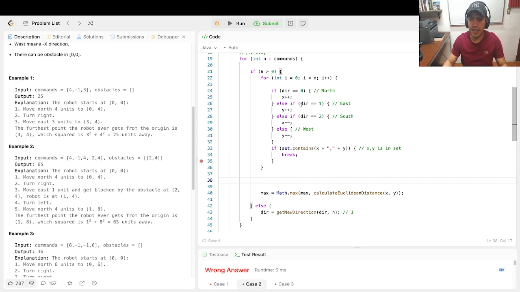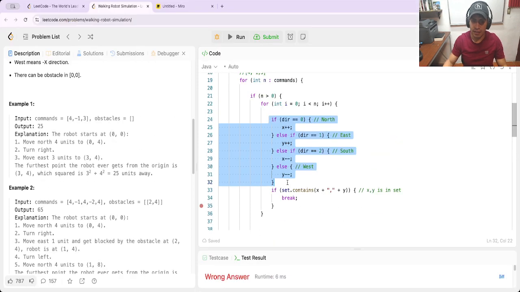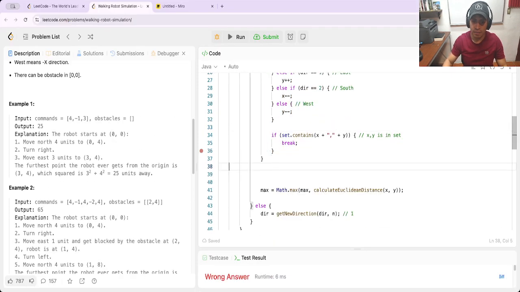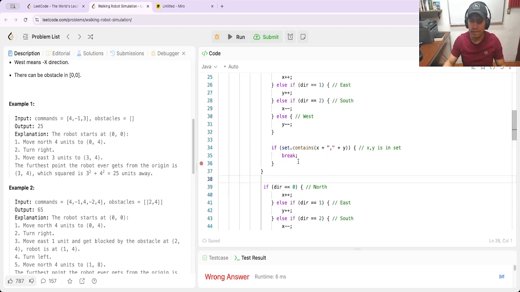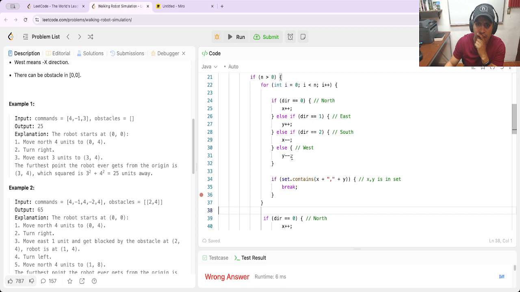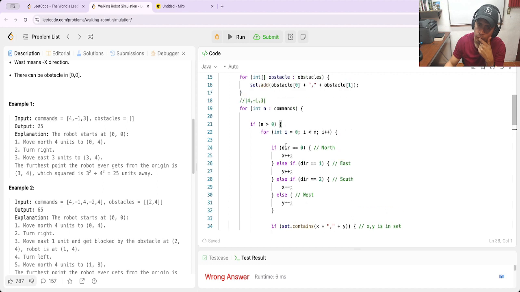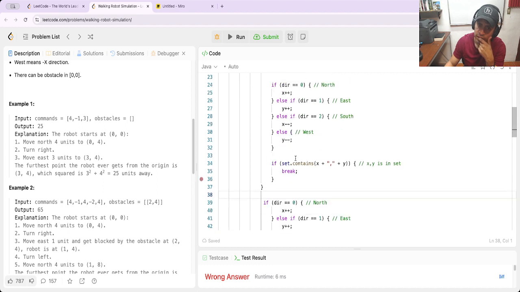I don't like this if and else, but let me add here and basically, okay, if is this and, oh my god, how can I know? And it's this.